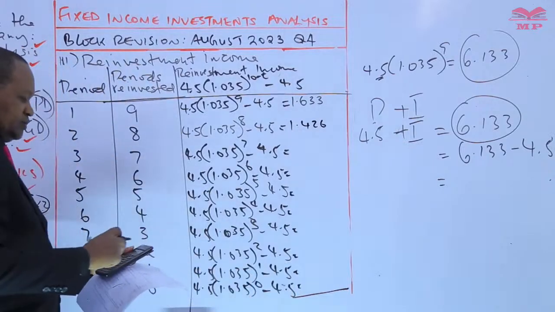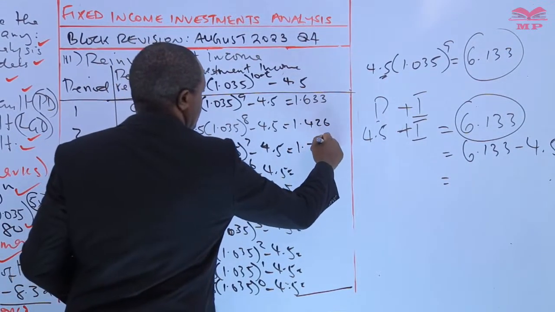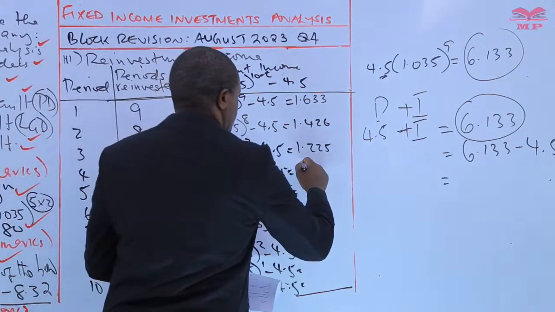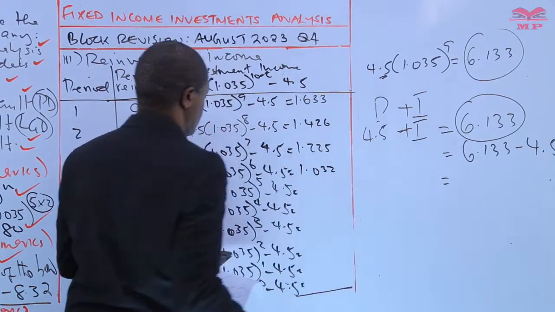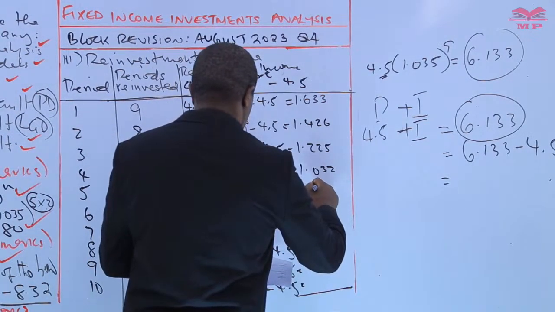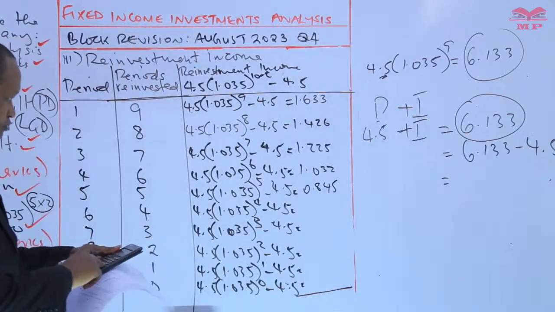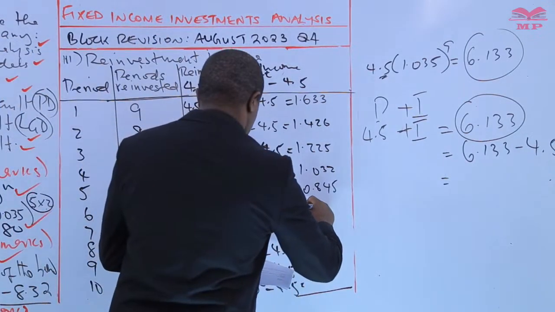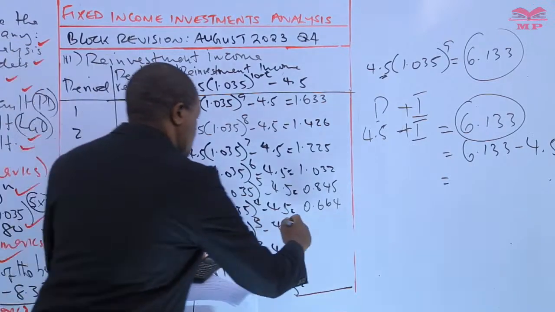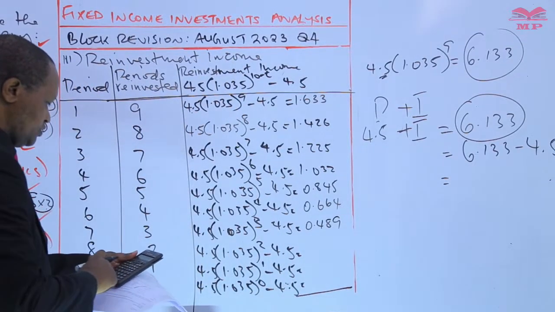1.426, 1.225, period 6, 1.032, 0.489. Next, second period.